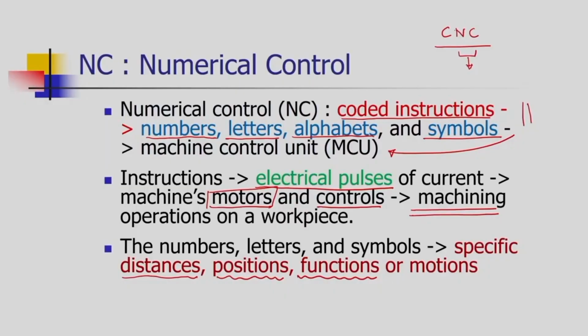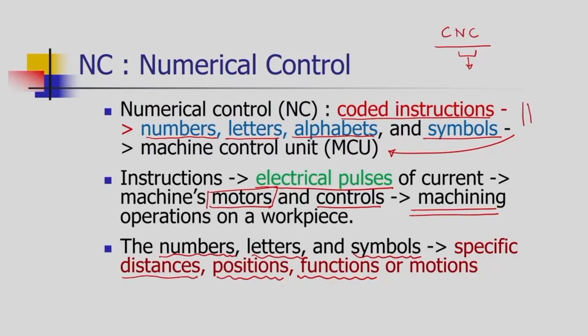All these functions will be carried out, and these instructions are provided in the coded form. All these symbols, letters and numbers together are written in a standardized way that we call G and M code, the preparatory and the miscellaneous code. We will be studying about this in the later classes when we study the CNC technology in detail.